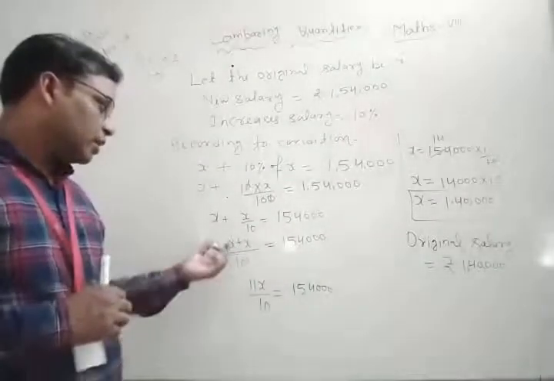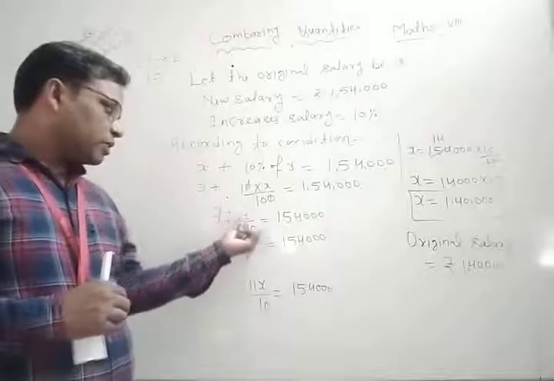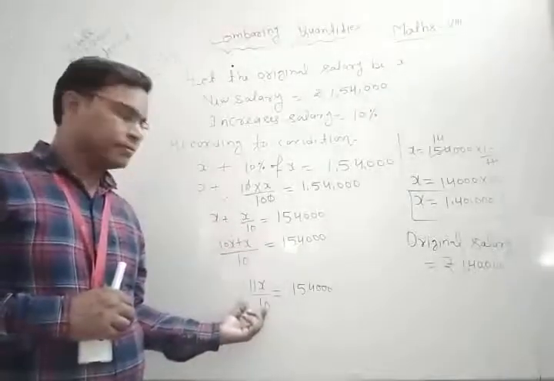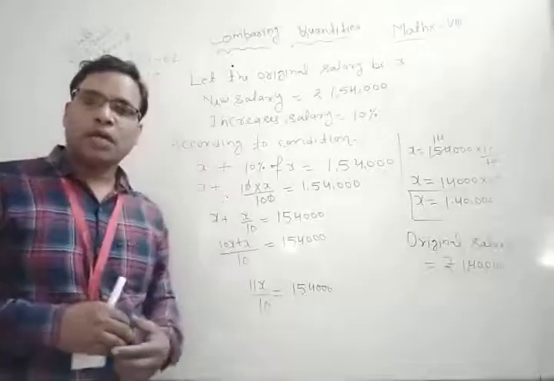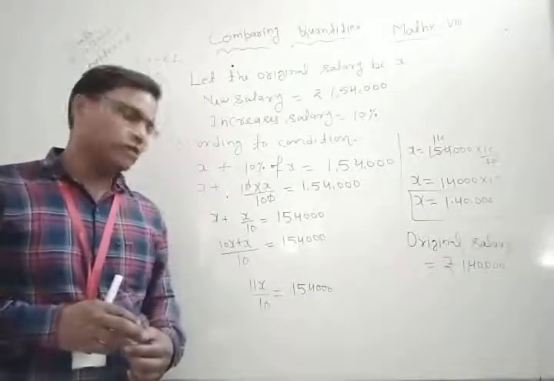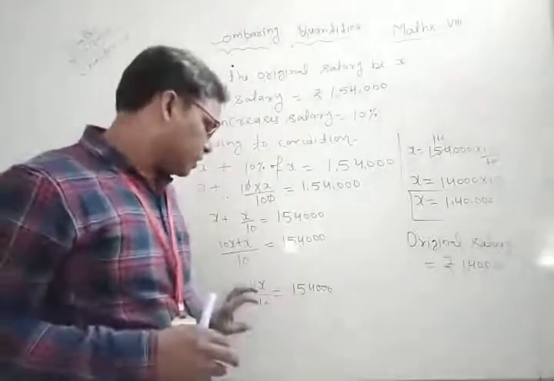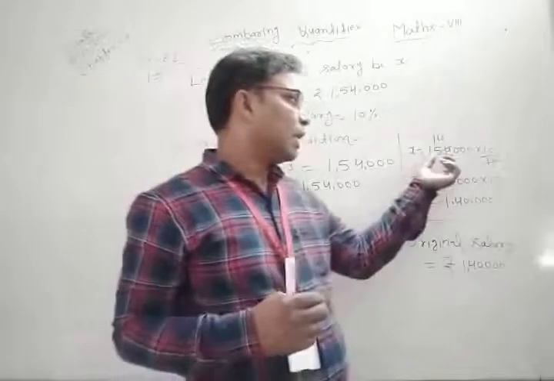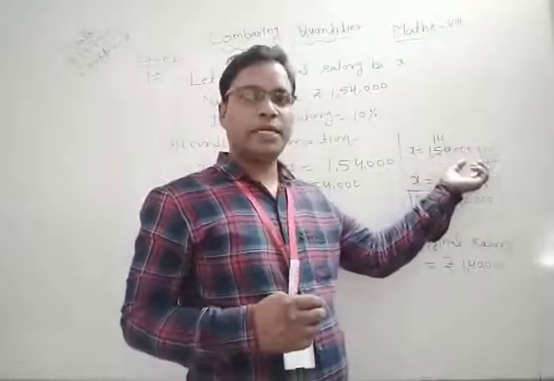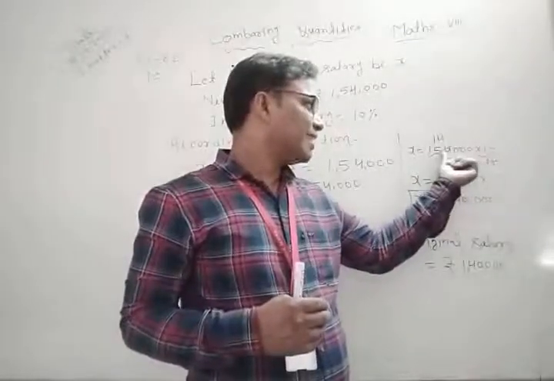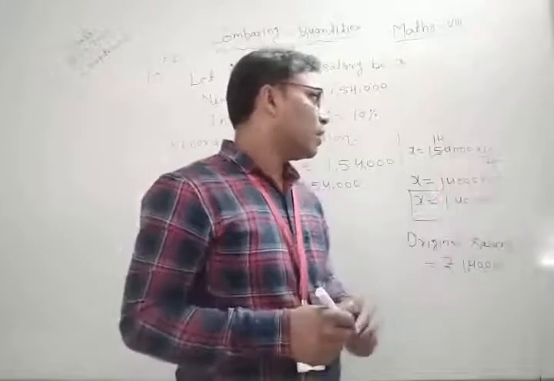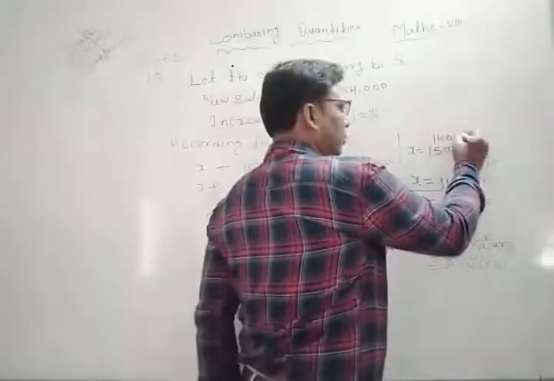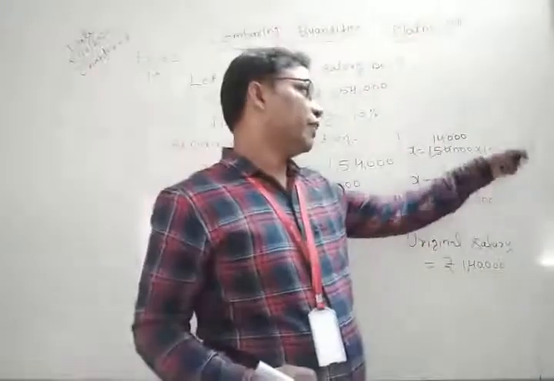Here x plus x by 10 is equal to 11x by 10, which is equal to 1,54,000. When you transpose this 11 by 10 to the right hand side, then we obtain 1,54,000 into 10 by 11. Then we cancel it, 1,54,000 by 11, then we obtain 14,000, into 10, we write as it is.